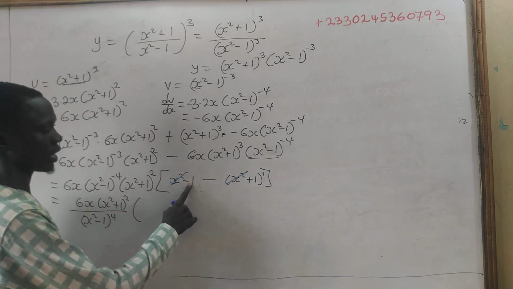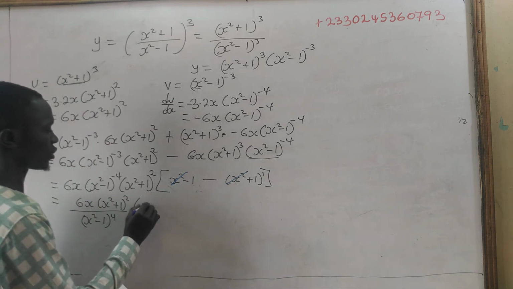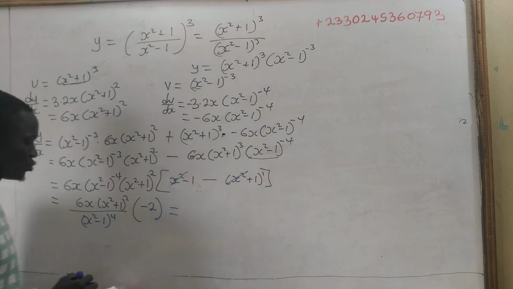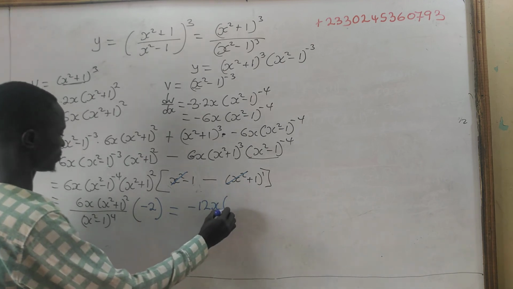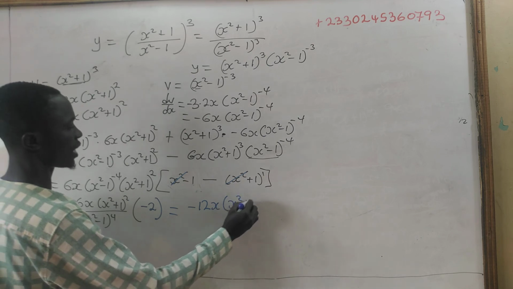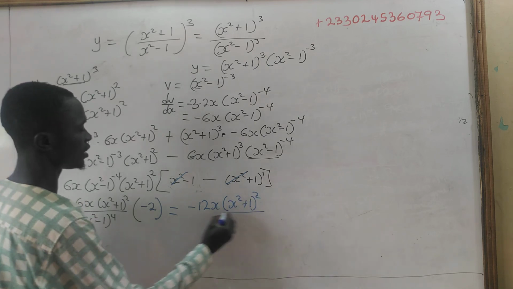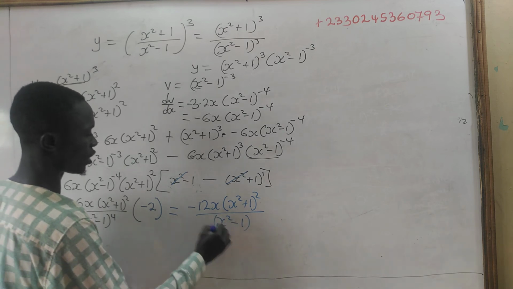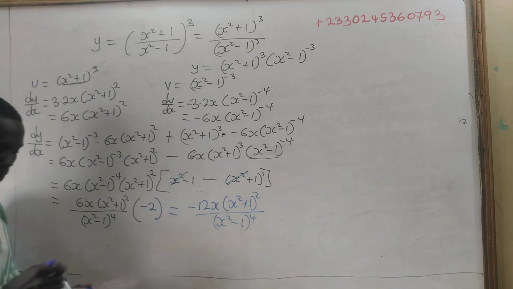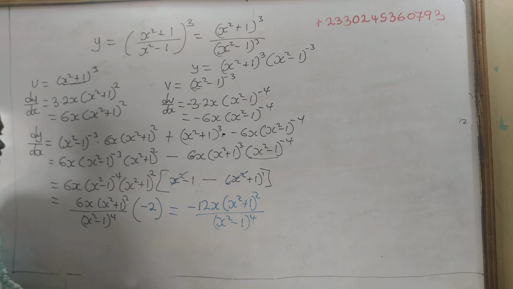And you have minus 1 minus 1 will give us minus 2. So this will become minus 12x times x squared plus 1 all squared divided by x squared minus 1 to the power positive 4 as our final answer.